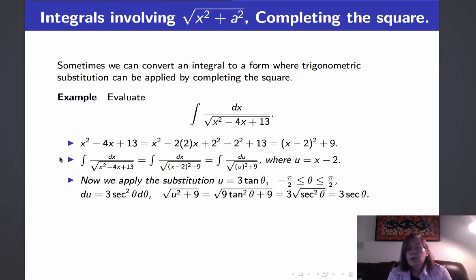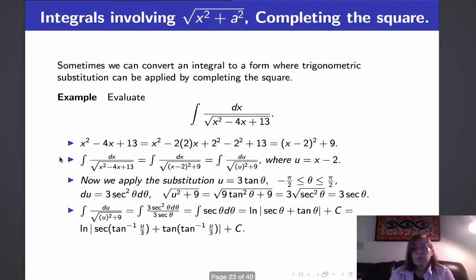Now the square root of u squared plus 9 is the square root of 9 times tangent squared theta plus 9, which, pulling out the 9, becomes 3 times the square root of secant squared theta, which just becomes 3 times secant of theta because theta is between minus pi over 2 and pi over 2.